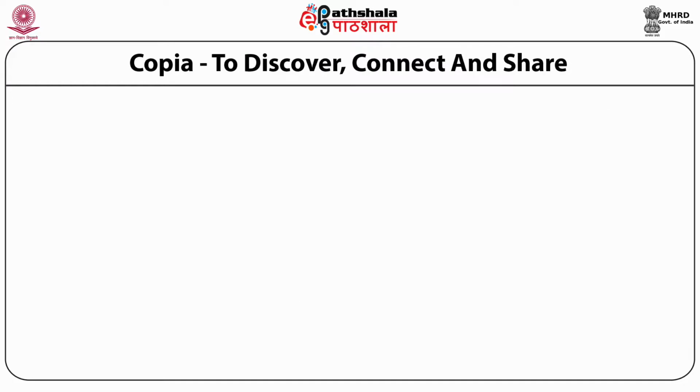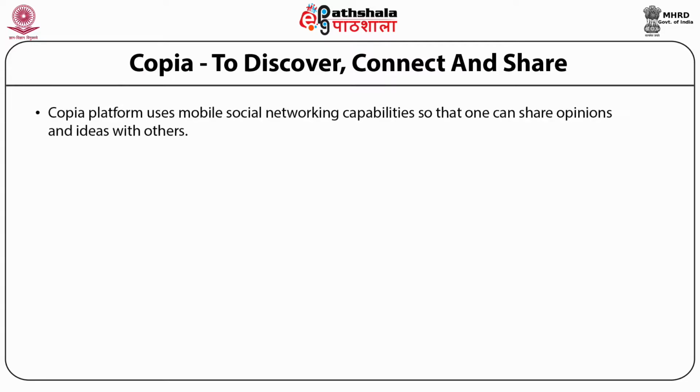Copia is an e-reading device to discover, connect, and share. The Copia platform uses mobile social networking capabilities so that one can share opinions and ideas with others. The software is already available for PC and Mac computers.